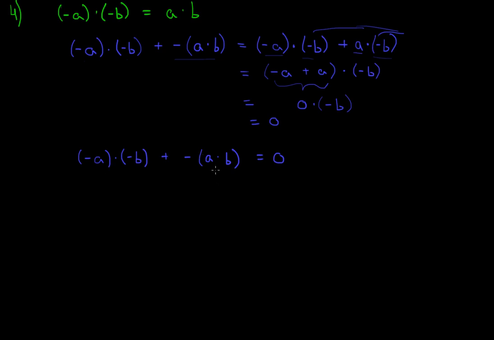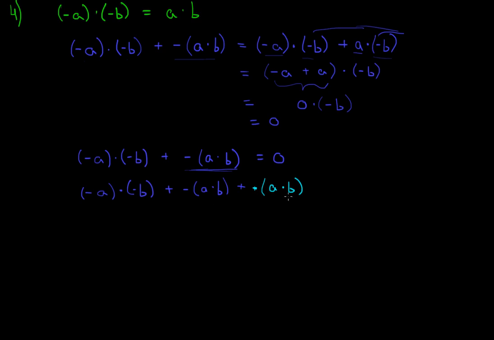Now, we can take the additive inverse for this element right here and add it to both sides. So let's do that. Negative a times negative b plus negative a times b plus positive a times b.